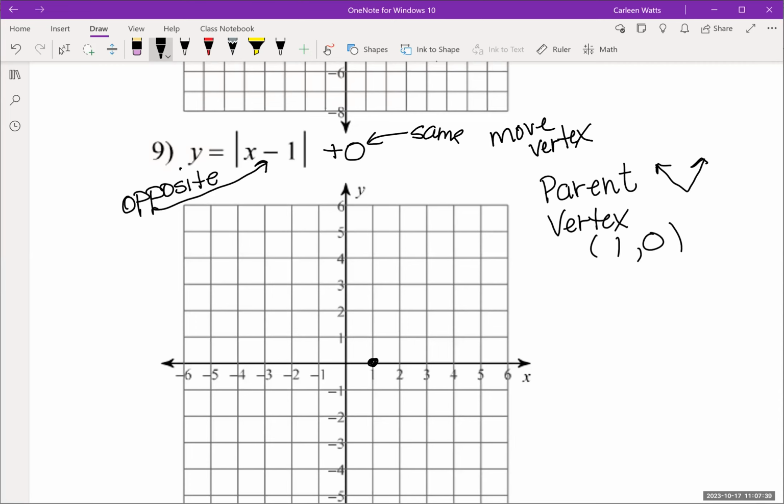Now, I'm going to make a table of only 3 values. I'm going to take my vertex and put that in the middle of my table.